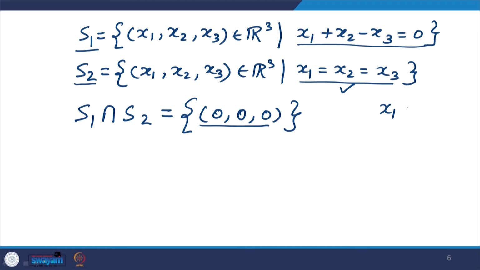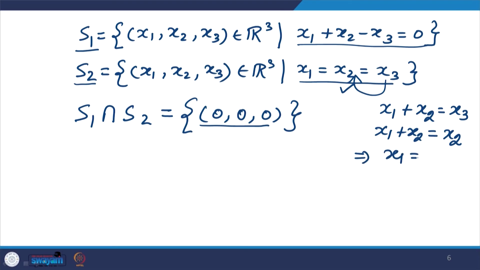From the first one, x1 + x2 = x3, and from the second one, x1 = x2 = x3. So, from the second one x3 equals x2, which gives x1 equals 0, and then x2 and x3 are also 0. So only this vector will be in their intersection, and it is a trivial subspace of R3.